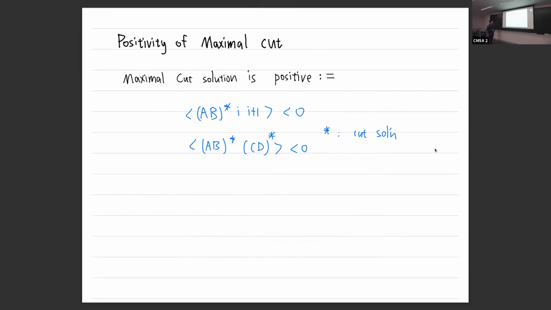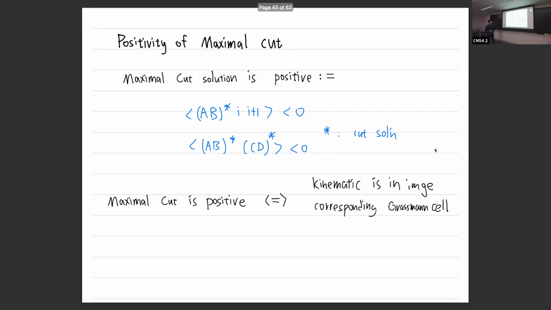Okay, so now we define the positivity of the maximal cut, as you can also see mentioned in this talk. The positivity here means that we insert the cut solution, which will completely fix the AB and loop variables, such that the inequality still holds. If it's true, we call the maximal cut positive.